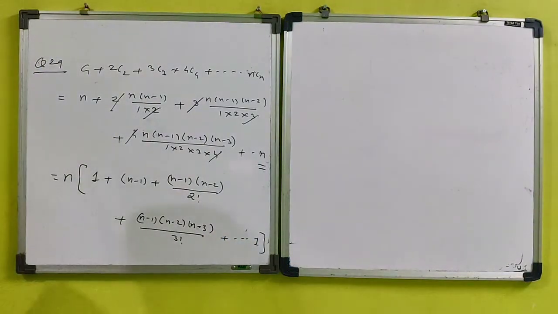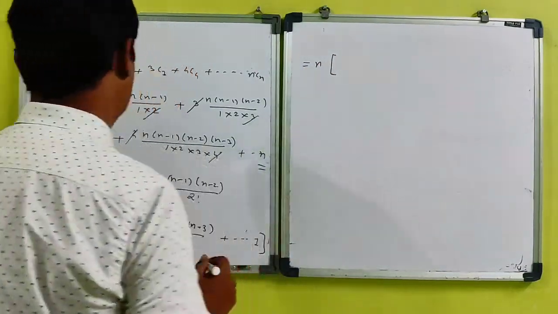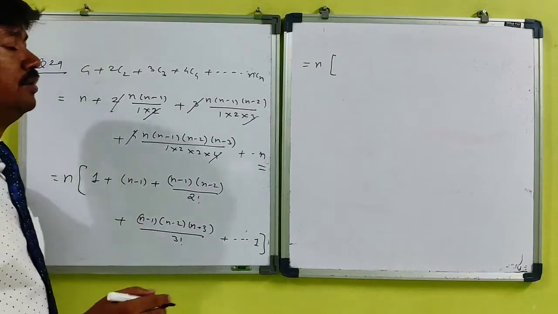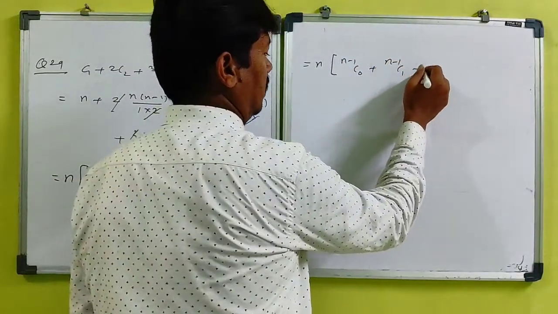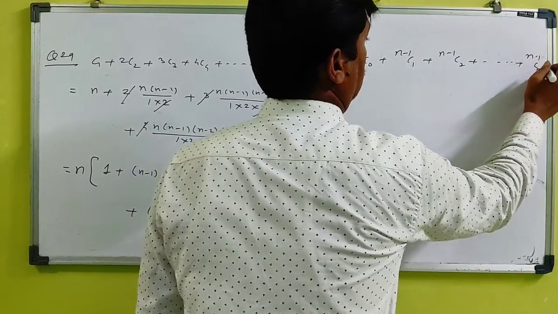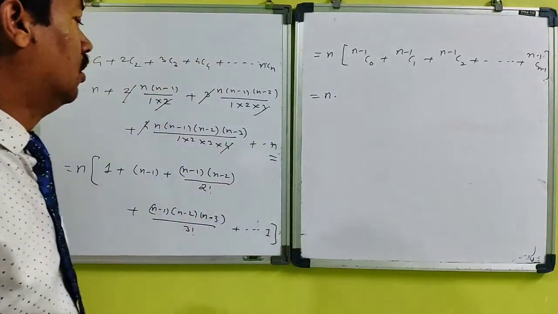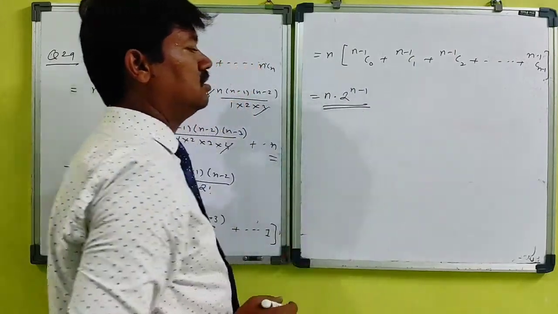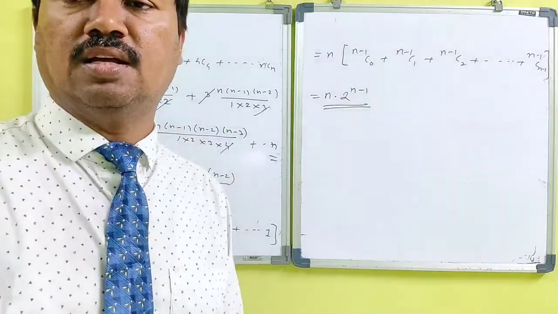So this is nothing but n minus 1 C0, n minus 1 C1, n minus 1 C2, and the last is n minus 1 C n minus 1. So that is n into 2 raised to n minus 1. Your answer should be n into 2 raised to n minus 1. That is the final answer.